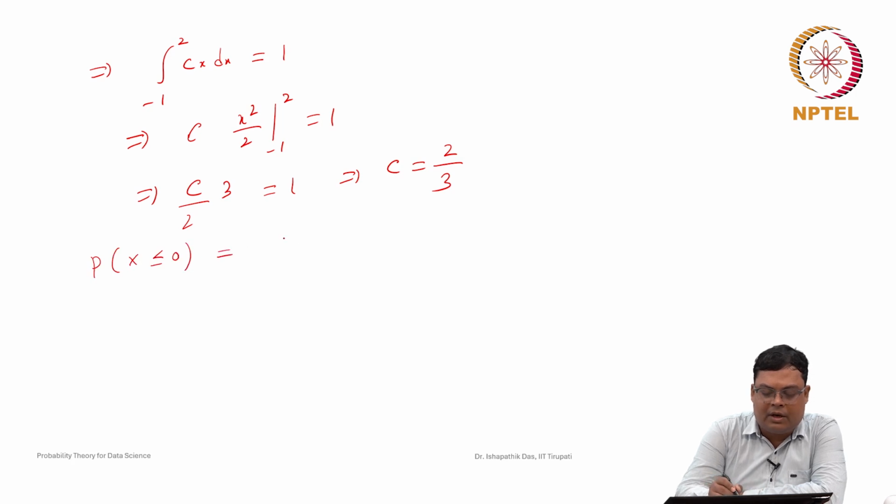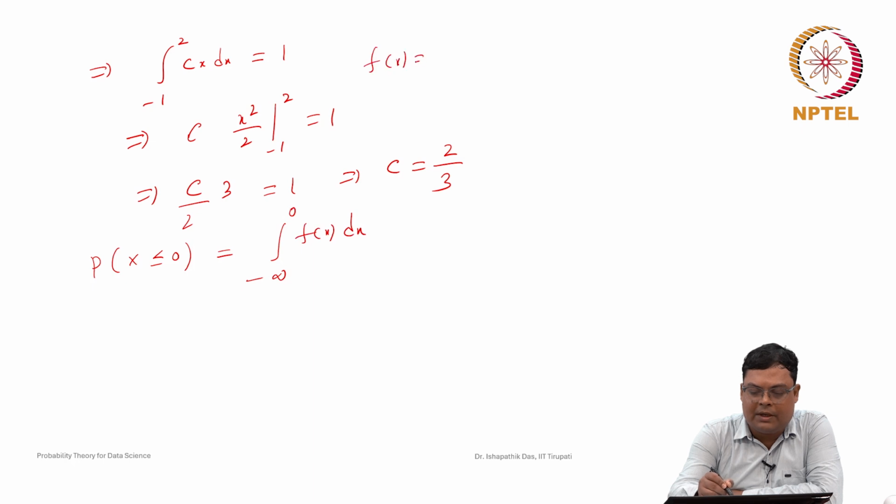Probability of X less than or equal to 0, by definition, is the integral from minus infinity to 0 of f(x) dx. The density function we found is f(x) equal to 2x by 3 whenever x is from -1 to 2, and 0 otherwise.